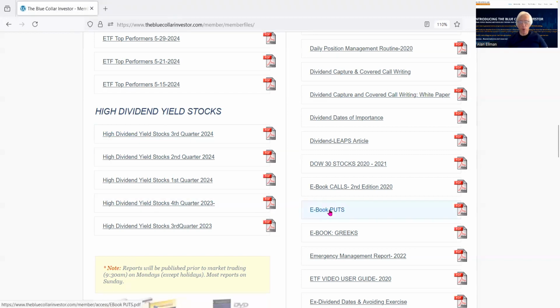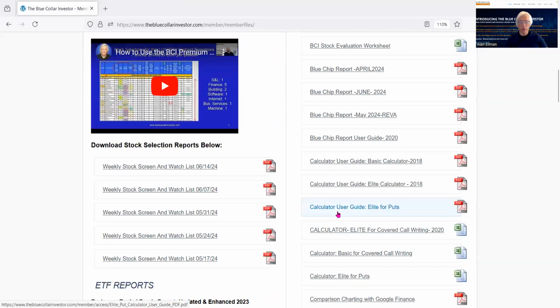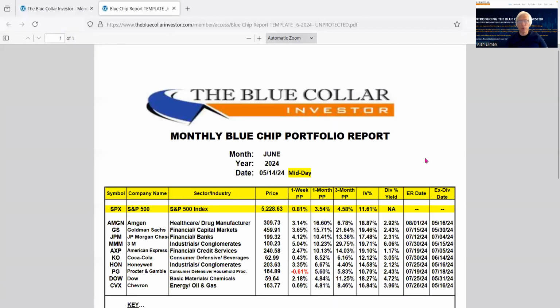Now we have one more report that's located on the right side. We ran out of real estate on the left side, and that is our blue chip report. And these are the best performing Dow 30 stocks. And this is produced on the last week of a monthly contract, so the week of a monthly expiration.